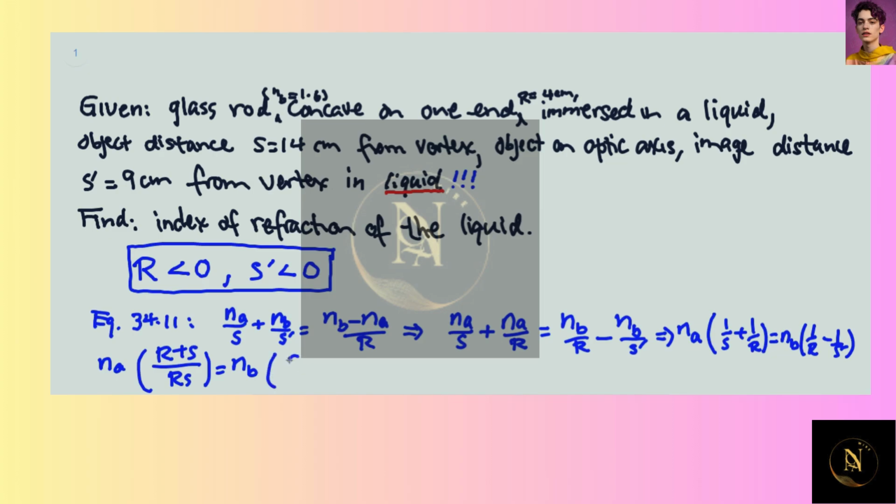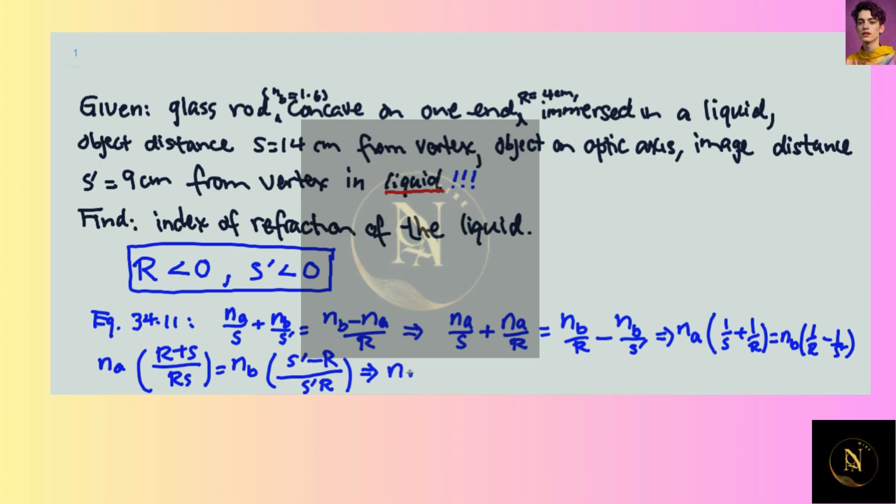And now I have S prime minus R over S prime R. And then I can divide both sides by this R plus S over R times S so that I have NA by itself.